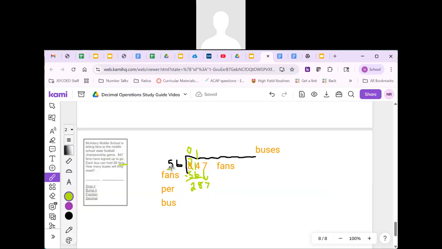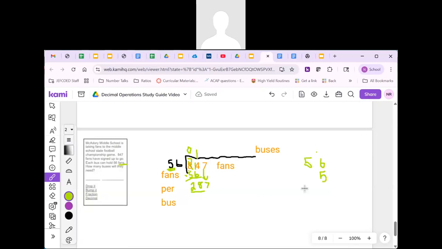So I'm going to think about, this is 5 tens, and this is 28 tens. 5 times what gets me kind of close to 28? Well, 5 times 5 is 25. So let's try 56 times 5. Is that going to be too much?